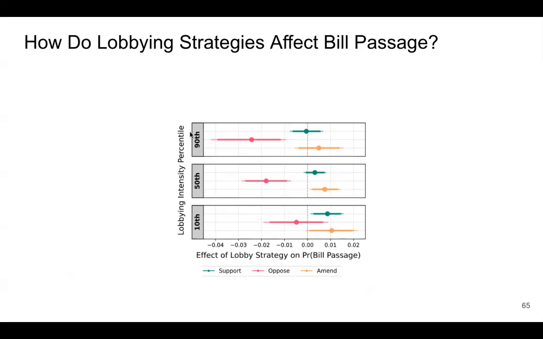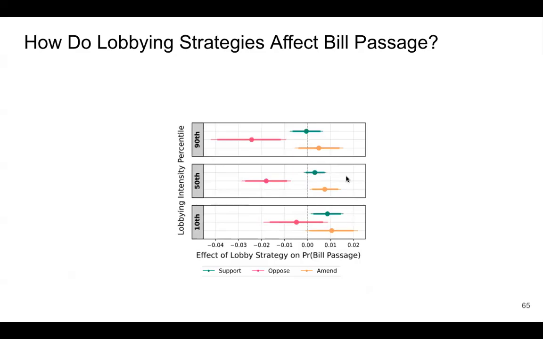But we're looking at the 90th percentile of the bills in terms of the amount of lobbying. The ones at the top are the bills where there's a lot of lobbying activity going on, and the 10th percentile has very little, like five groups lobbying, as opposed to the 90th percentile, where it's something like 100 different groups lobbying either for or against the bill.